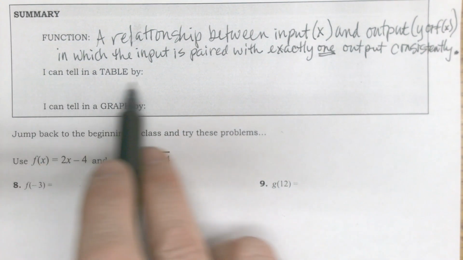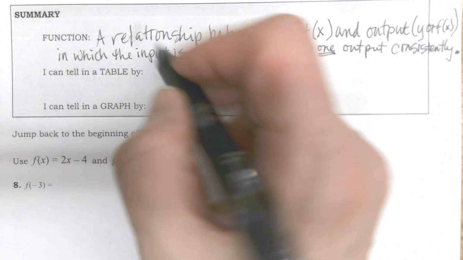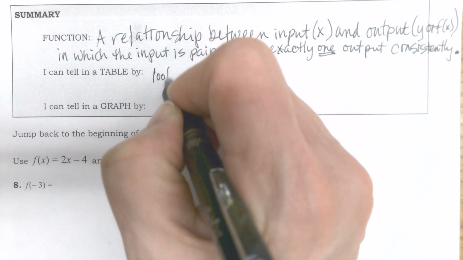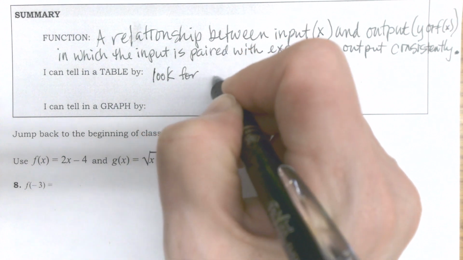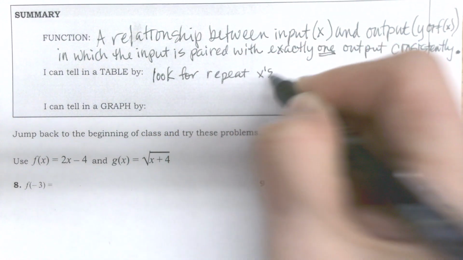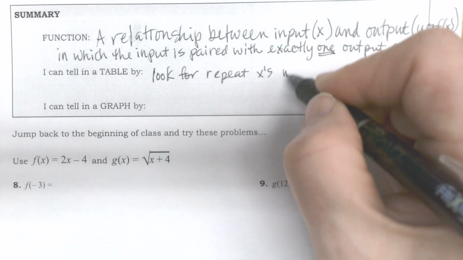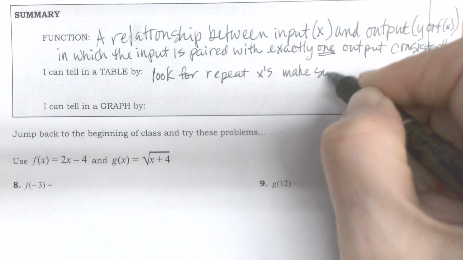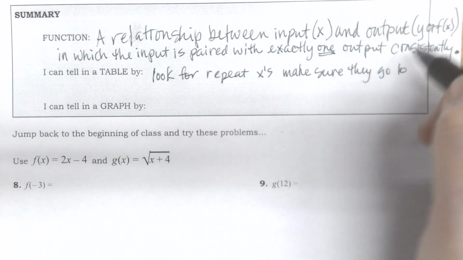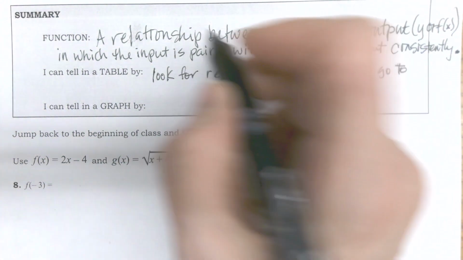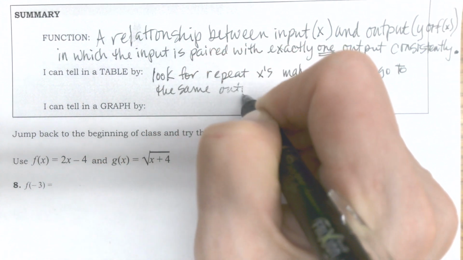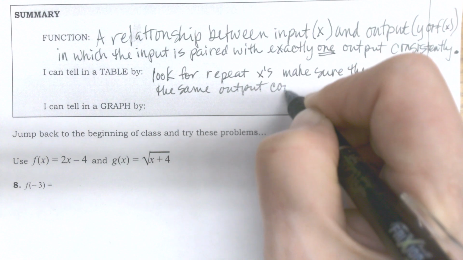How can I tell by a table? Look for repeat x's. Make sure they go to the same output. Consistently.